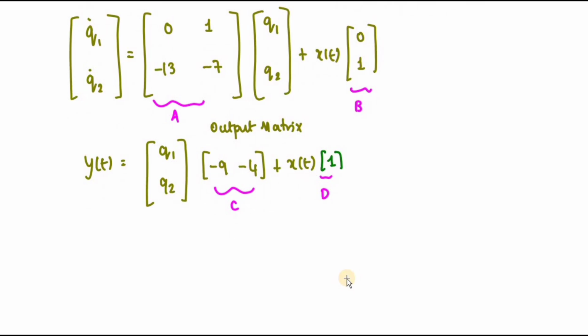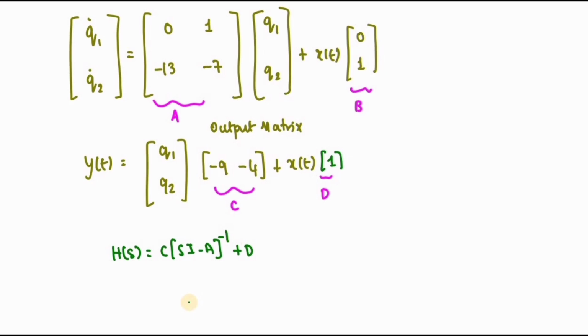Okay. So suppose if this is given and they are asked to find the H of s, so how to find the H of s? The formula for H of s is equal to C into (sI minus A) inverse plus D. Okay.